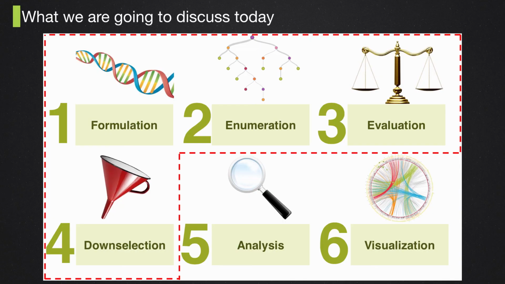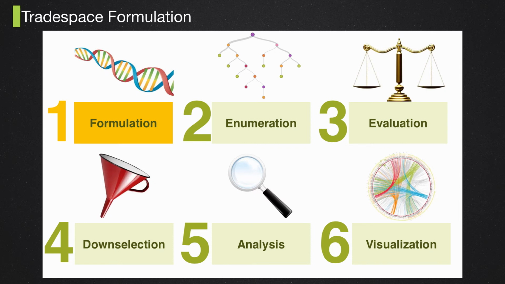So in this presentation, I would like to discuss the first 4, formulation, enumeration, evaluation, and down selection, which really form the core of the method. And I will point to other online resources or textbooks that can talk about analysis and visualization.